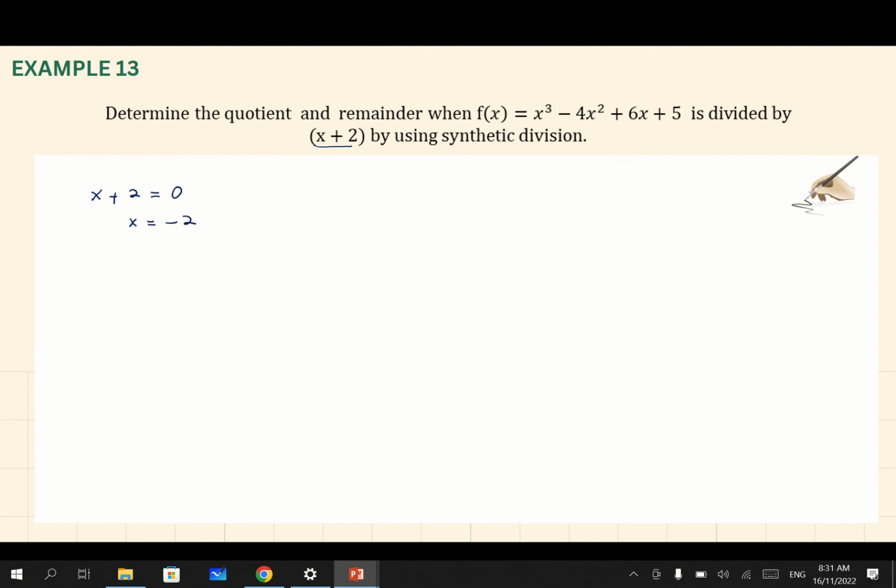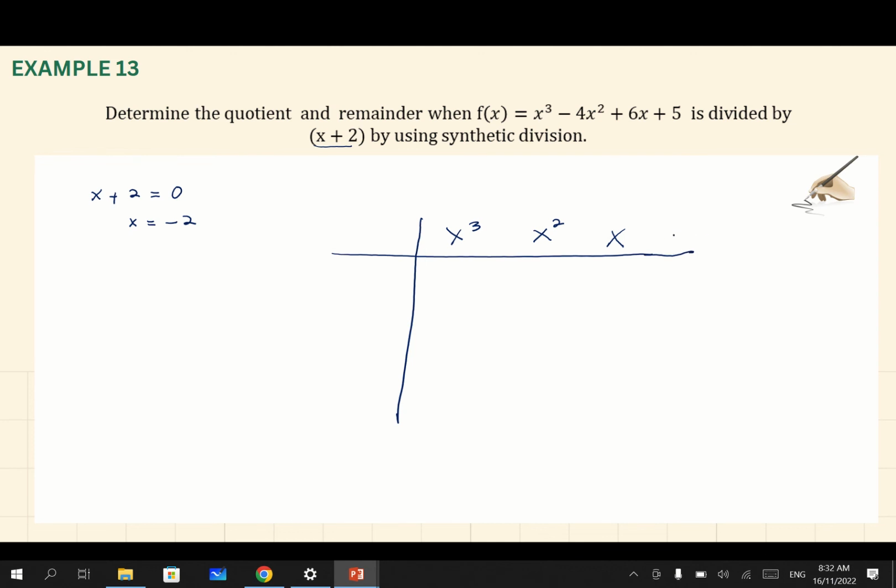So apa yang kita dapat x equal to negative 2, kita akan substitute into the table of synthetic division. So just buat table macam biasa. So untuk baris yang pertama, row yang pertama, kita just masukkan variable, which is kat sini x kita ada. We have x, the highest power is x to the power of 3. And then the second power x to the power of 2, x, and then lastly is the constant.